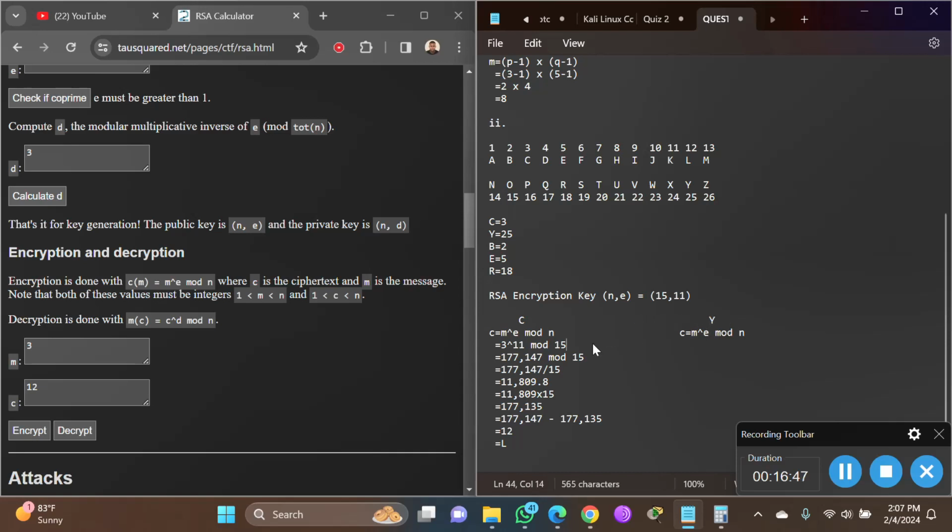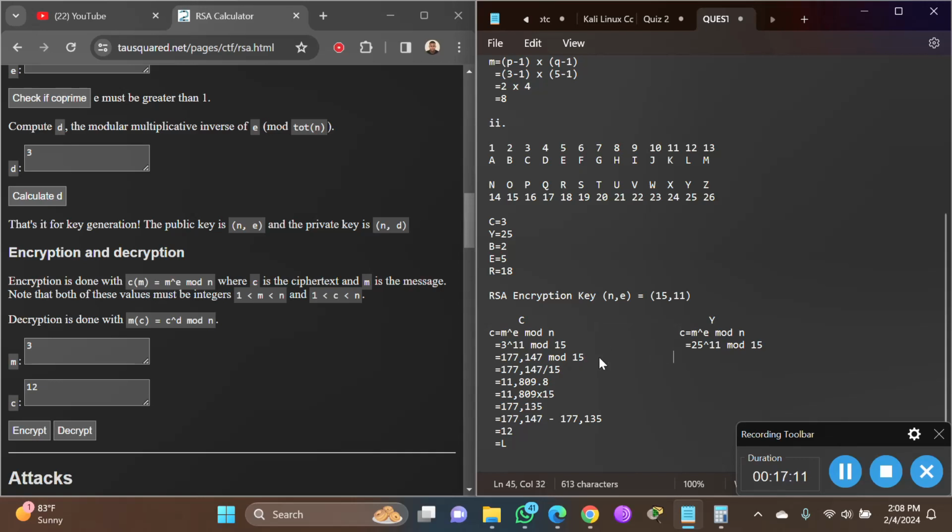Okay, now our M or our plain text is 25 because it's Y. So we say 25, then power E, it's 11, then mod 15. Mod 15. So let's do that again.